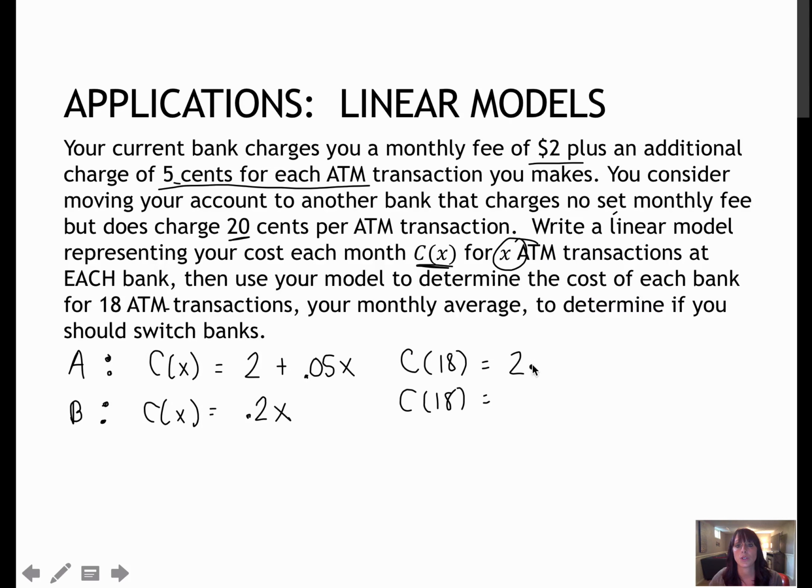So for the first, I have 2 plus 0.05 times 18, which would be 2 plus 90 cents, or $2.90. That's my monthly cost for Bank A. For Bank B, it's 0.2 times 18, which would be 3.6 or $3.60.